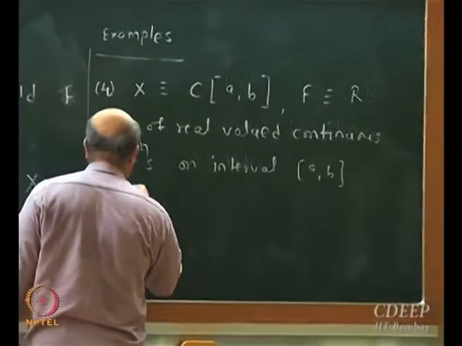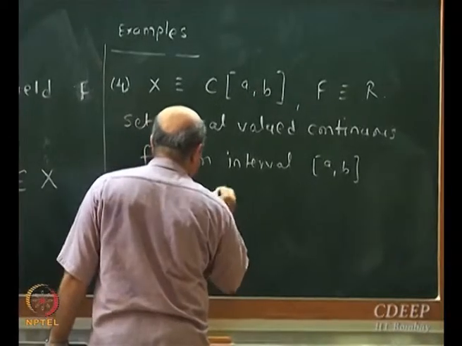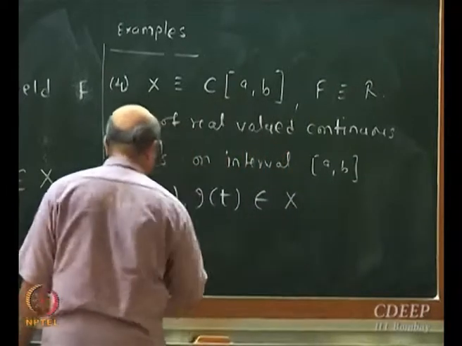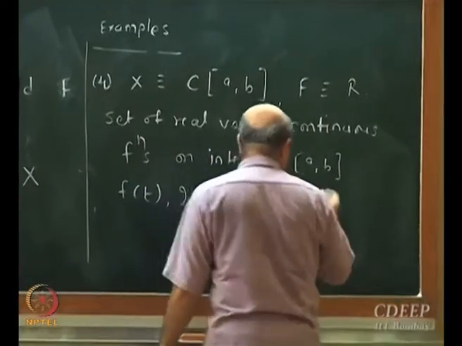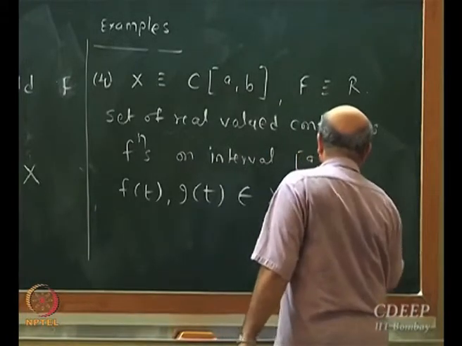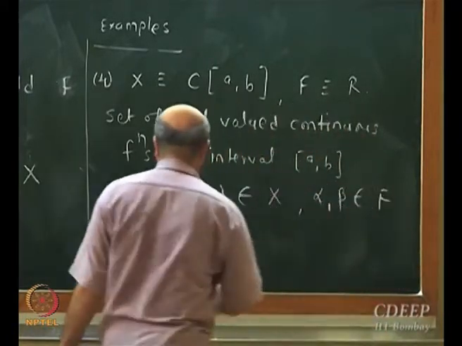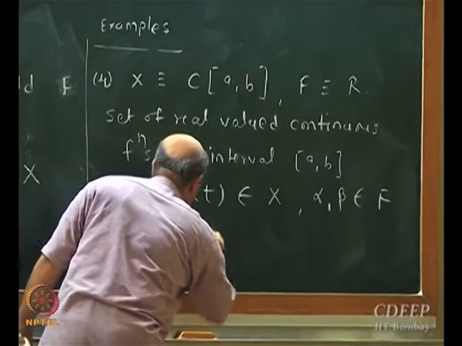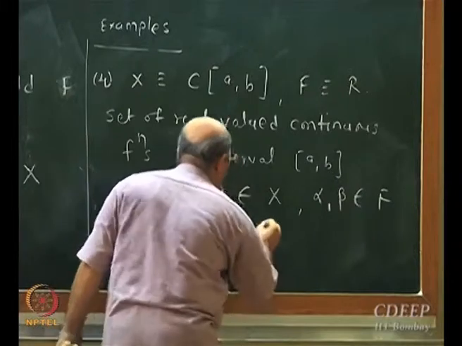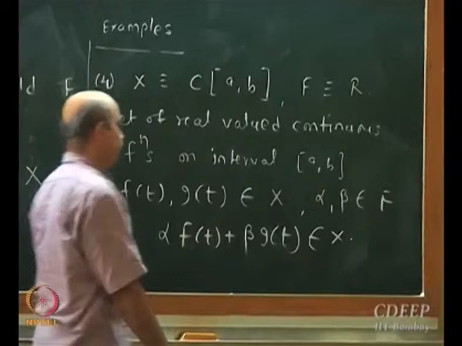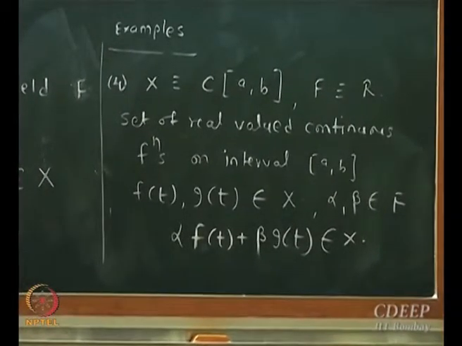So if I have a function f(t) and a function g(t), both of which belong to X, and if I take any two scalars alpha and beta that belong to F, then alpha times f(t) plus beta times g(t) also belongs to X.